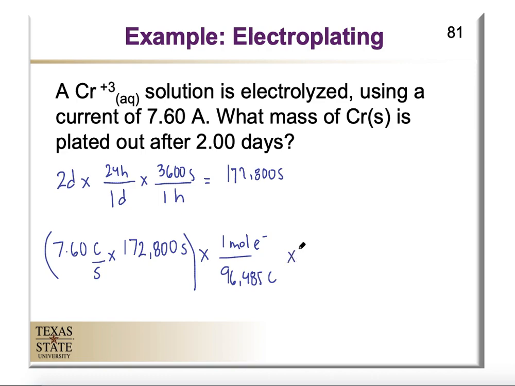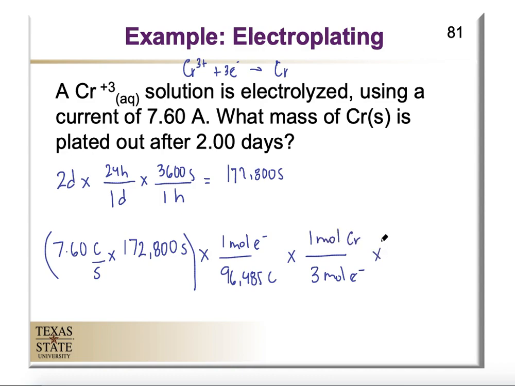From there, the next thing is to convert the moles of electrons into moles of chromium. And to do that, we have to think about how many electrons need to be transferred in order to go from chromium 3 plus into chromium 0. Well, to do that, I need 3 electrons to balance that equation out, right? So for every 3 moles of electrons, we're going to be forming 1 mole of chromium.